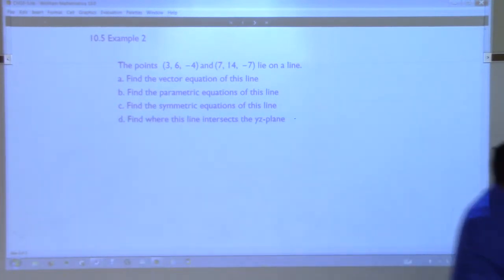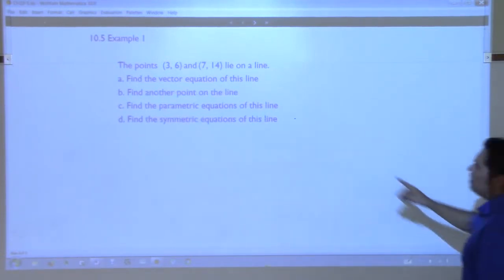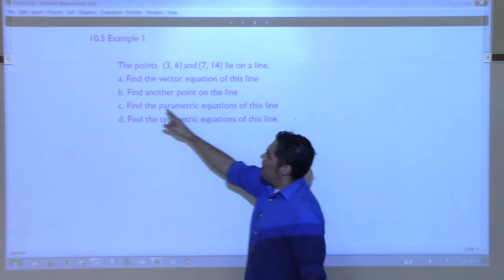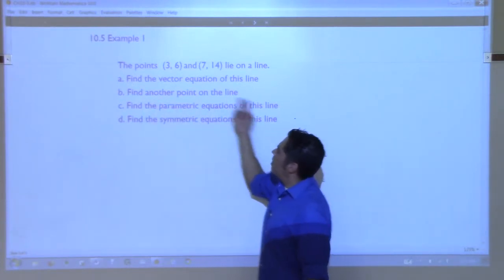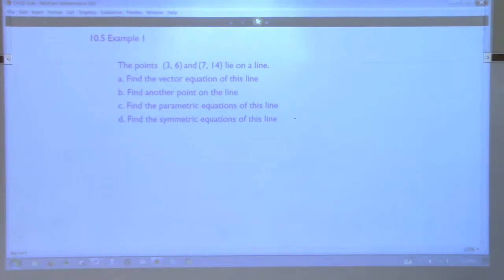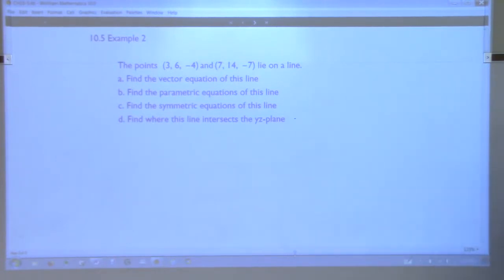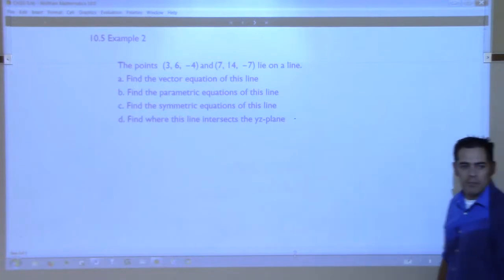On example 1, it had asked for a point in two-dimensional space for you to find another point on the line. So what if I added that to this? If I added a part E and I said find another point on the line, what could you do? Set t equal to something random.